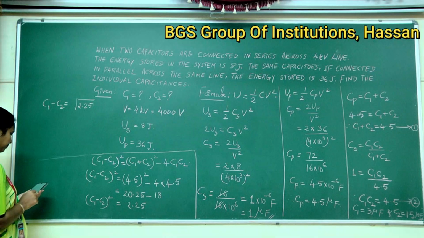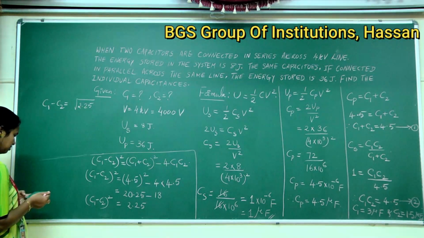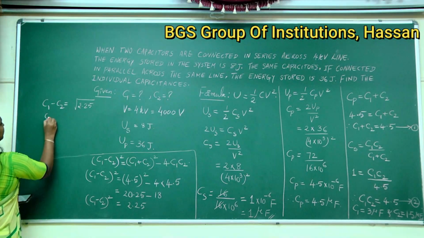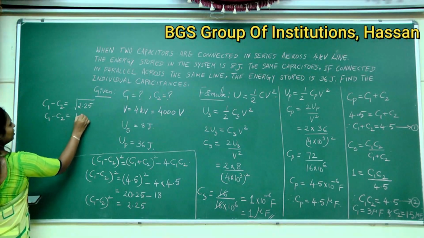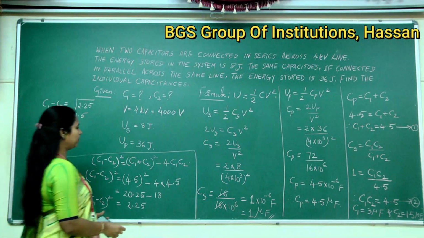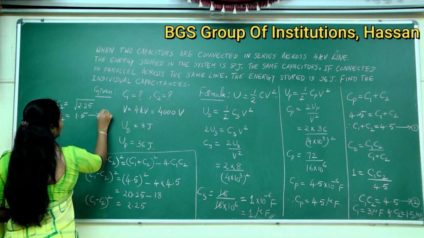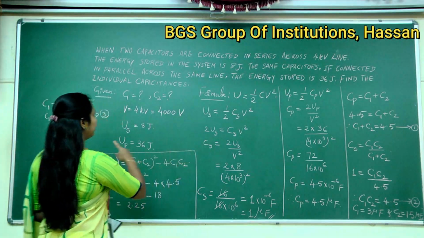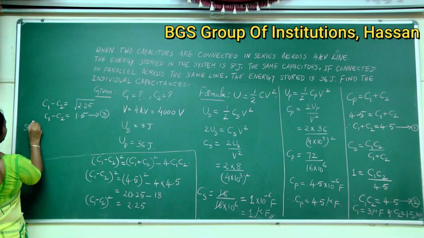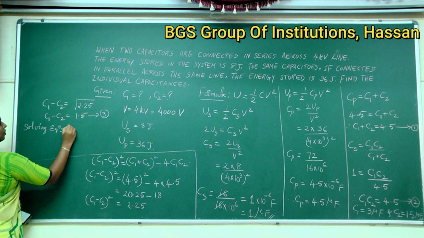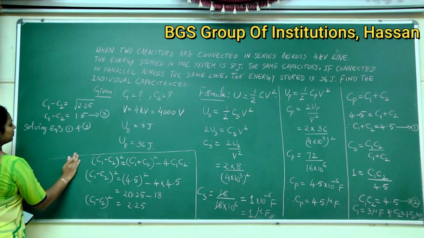We have C1 minus C2 is equal to 1.5, and you take it as equation number 3. Now solve equation 1 and 3. Solving equations 1 and 3.